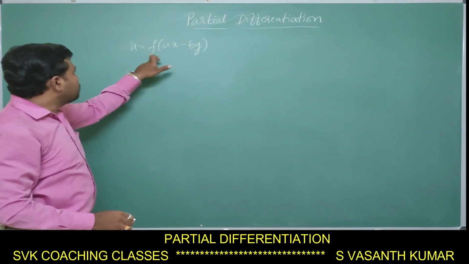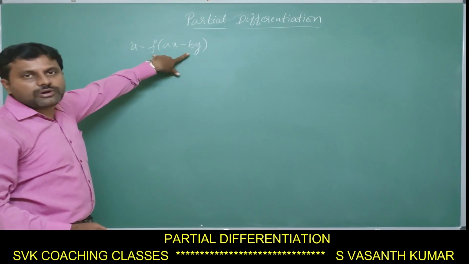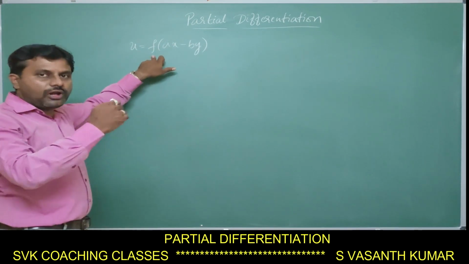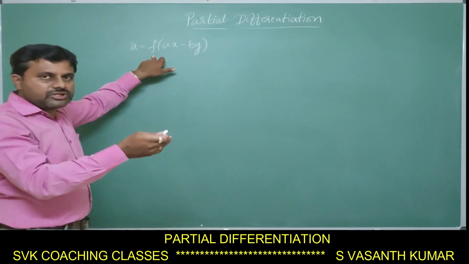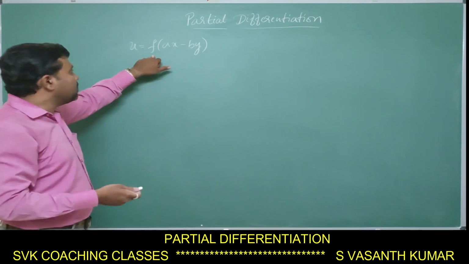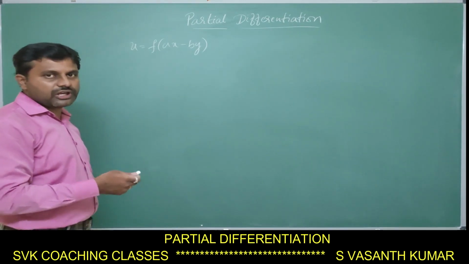It means that function f is a function of x comma y. Here f may be any polynomial, exponential, trigonometric or logarithmic function. It may be any function, so we can differentiate partially with respect to x, y.